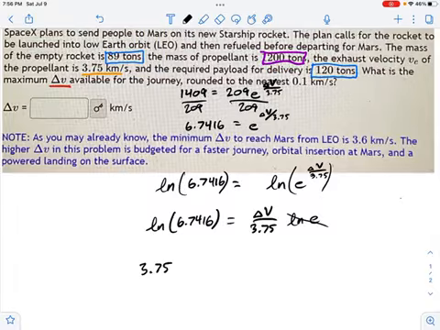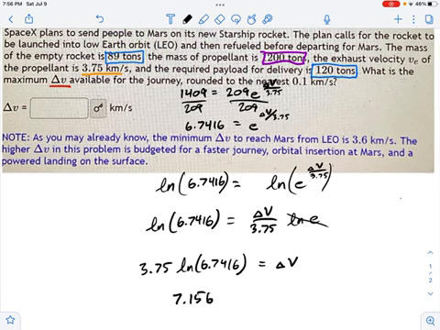Delta v equals 3.75 times the ln of 6.7416. So let me just plug that into the calculator, see what we get here. 3.75 ln of this thing, there we go, 7.156 kilometers per second is our delta v.